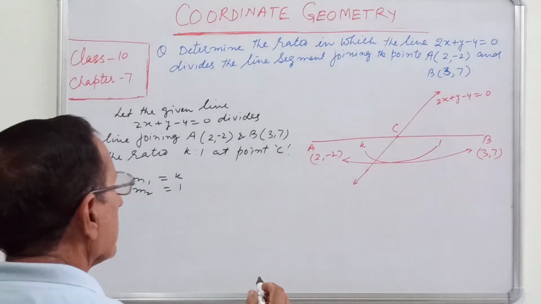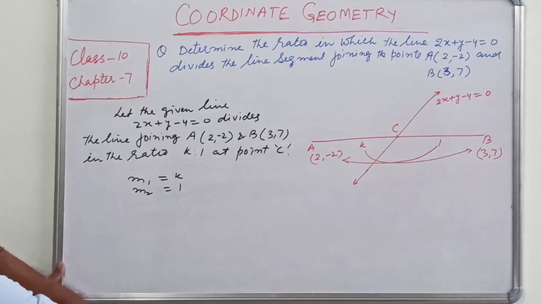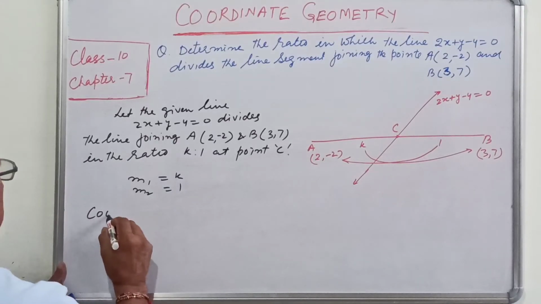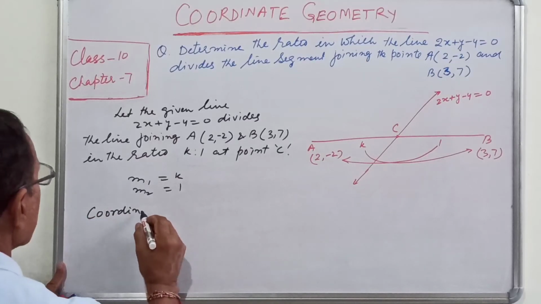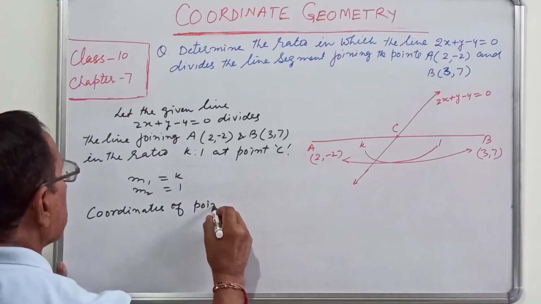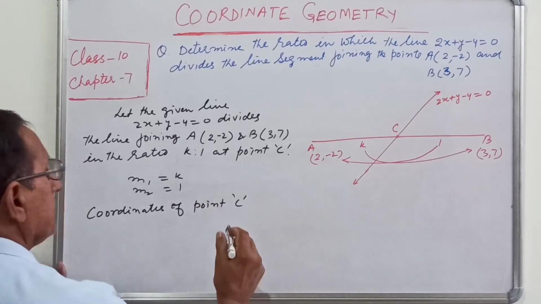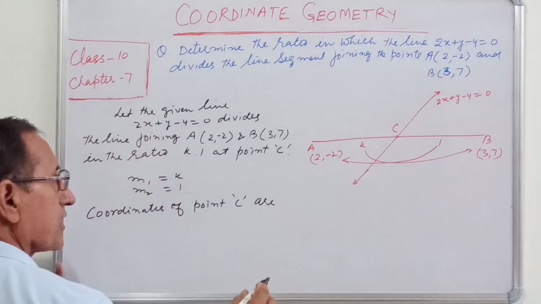The coordinates of point C are given by the section formula.